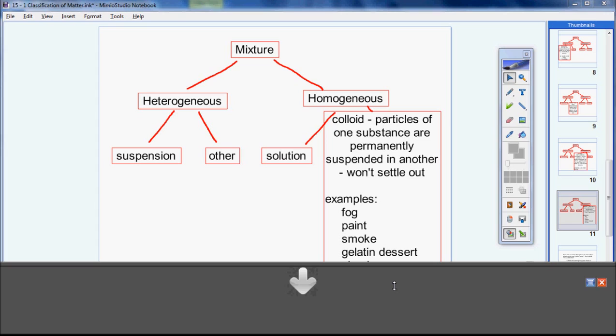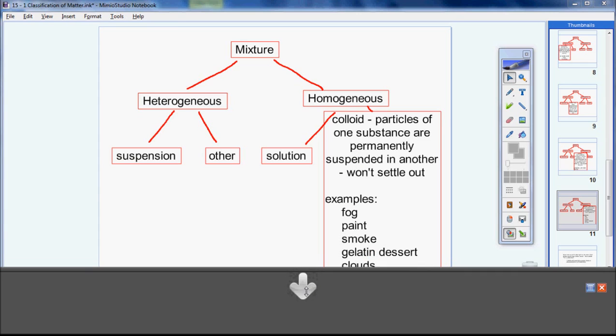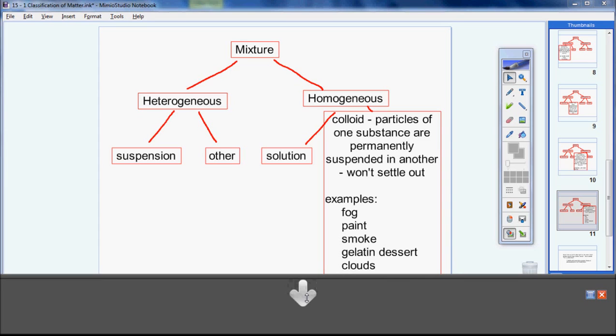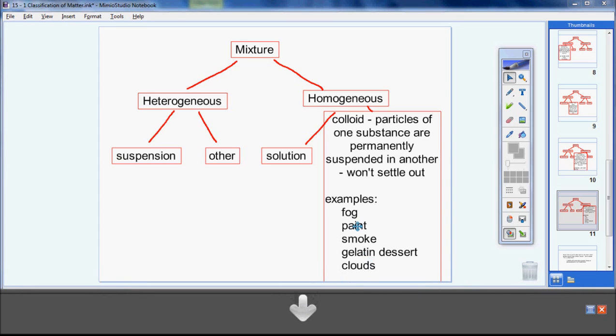So that's why Jell-O doesn't really act like a liquid. It doesn't really act like a solid. It's its own thing. It's a colloid. It's special. I didn't put it in here, but whipped cream also follows that. Clouds are just fog in the sky, but clouds also fit under this colloid section.